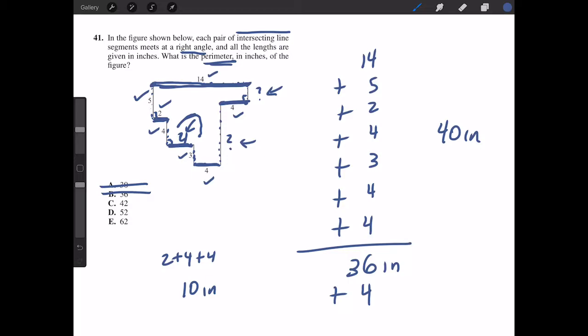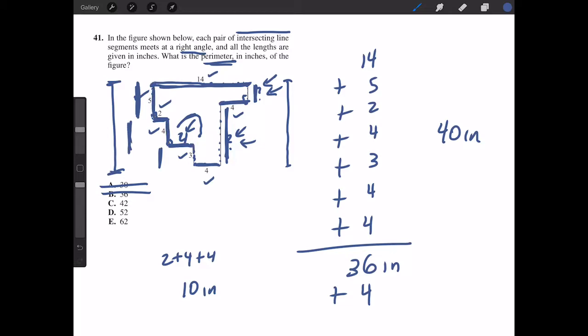I still need to figure out the measurement of this side right here and of this side right here. Now, how do I do that? Well, let's see. This side measures 5, this side measures 4, this side measures 3. And that's the sum, that's the entire side. So I don't really need to know what each of these sides measures to solve this. I just need to know what the total of those 2 measure, which is the entire side.